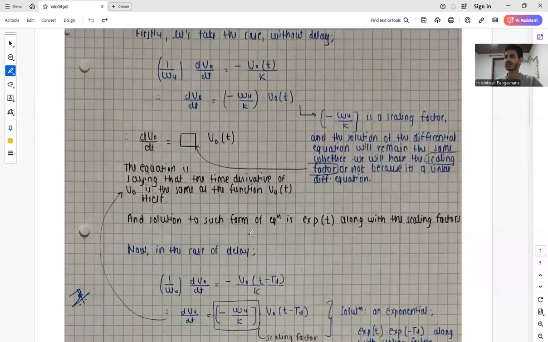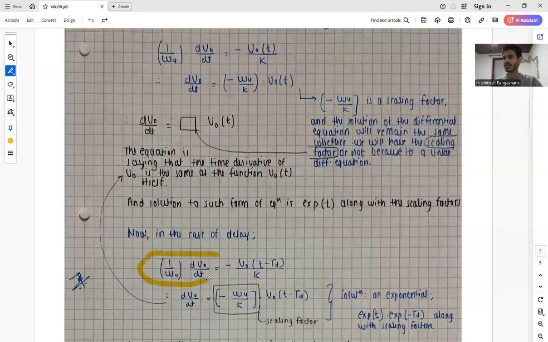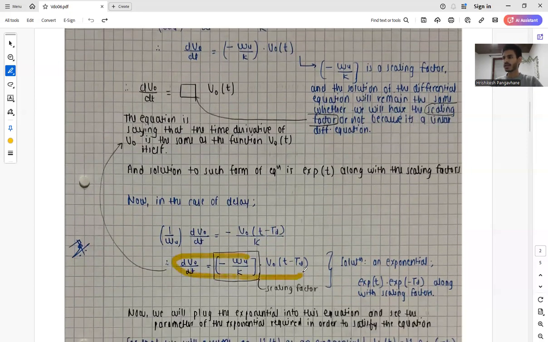Now in the case of delay, we have this equation where there is a delay factor. We can again rearrange the equation in this form where we have our scaling factor, and again the solution to this equation is an exponential. Basically it is exponential of t times exponential of minus td, along with the scaling factor parameters.